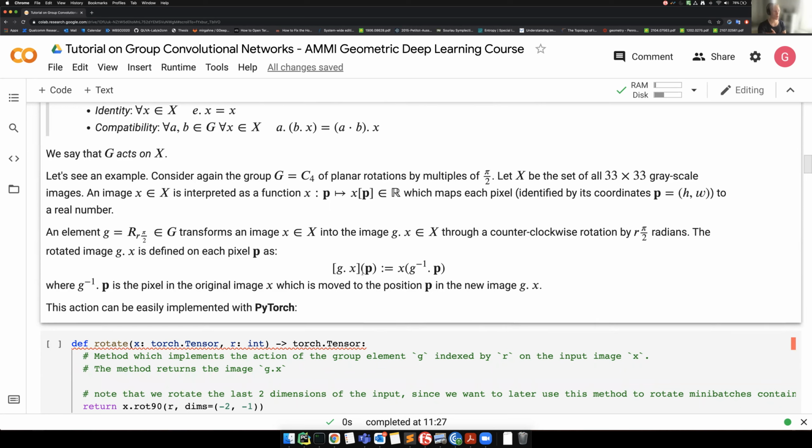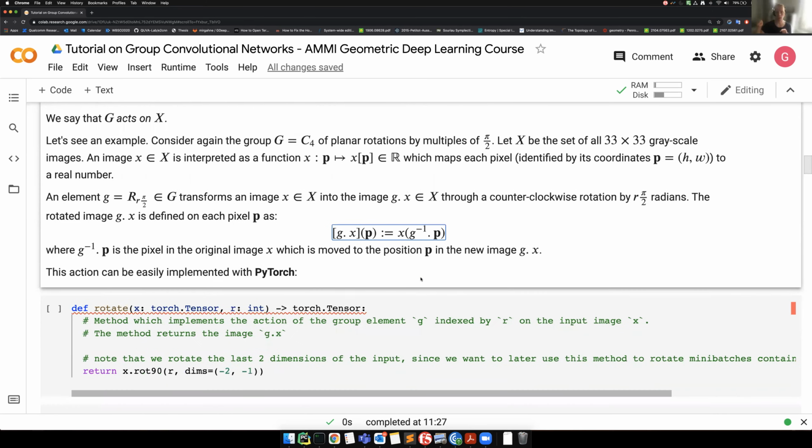A rotation of an image x is going to give you back a new image, G times x. And the value of the new image at pixel p is going to be equal to the image x before, evaluated not at pixel p, but at G inverse times p. So if G is a rotation by 90 degrees, the rotated image at pixel p is going to be equal to the previous image, not at pixel p, but at the pixel that was mapped to pixel p.